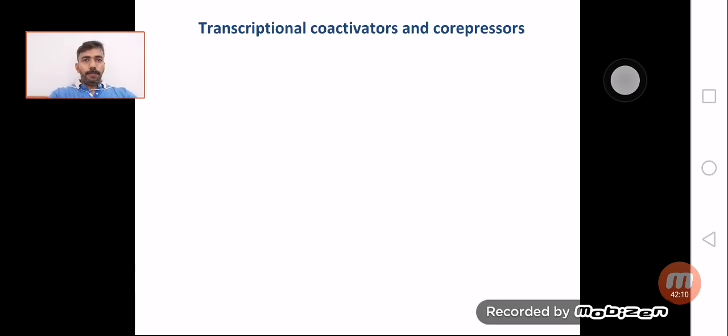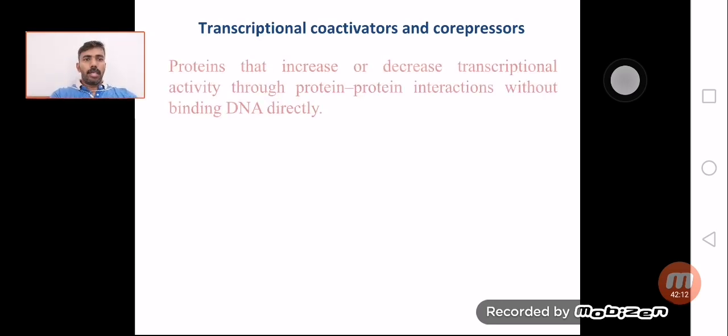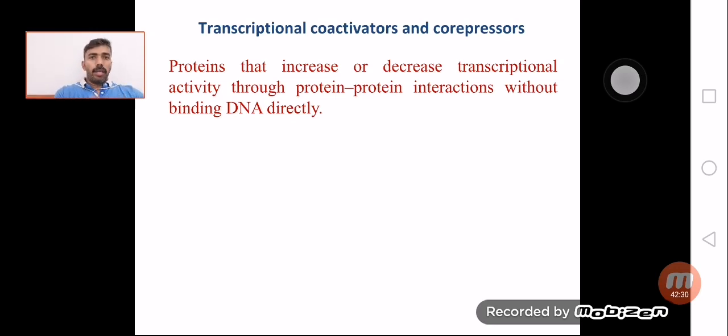Right. So now moving into the last part, the transcriptional coactivators and co-repressors. So these are the proteins usually interacting with the enhancer sequences and other such long acting regulatory sequences. So as already we have stated, in eukaryotes, the chromatin is in a highly condensed pattern.